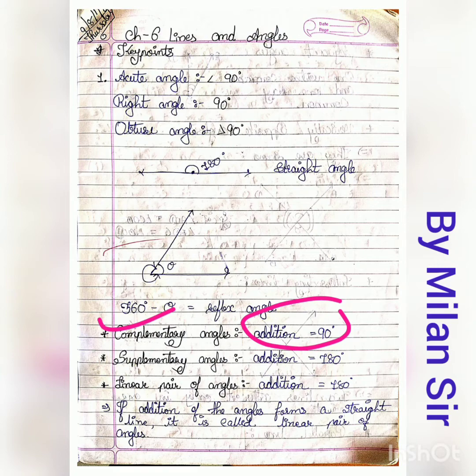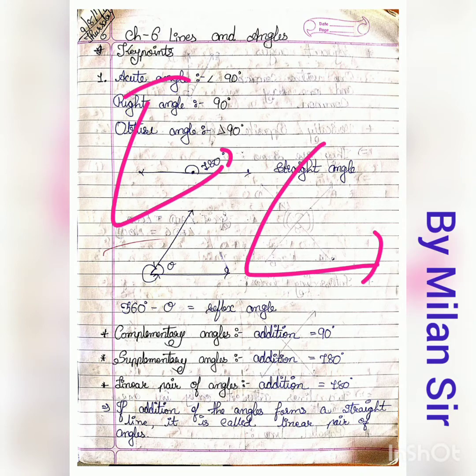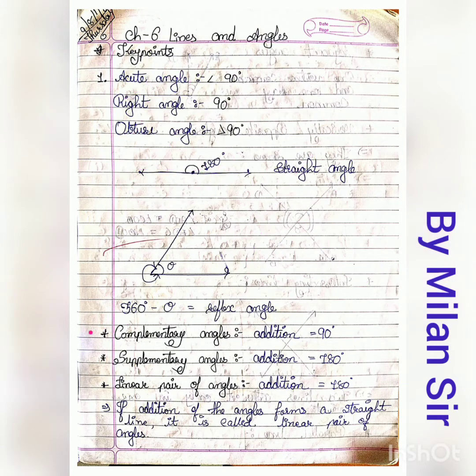If only one angle is 90 degree, it is called right angle. But if addition of two angles is equal to 90 degree, then it is called complementary angles.